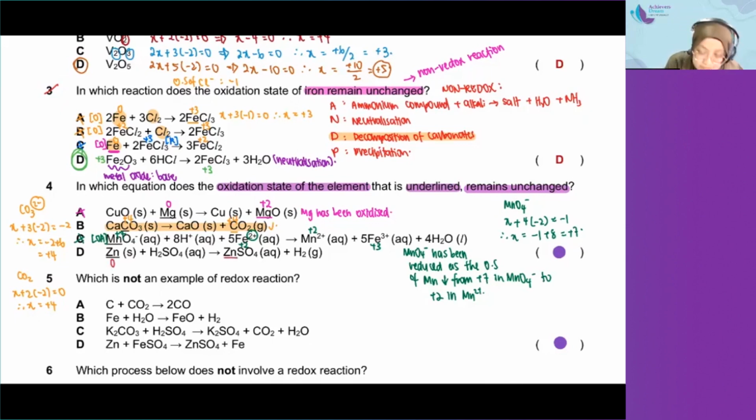The zinc ion is Zn2+, so its oxidation state is +2. Therefore, zinc has been oxidized, so it is a redox reaction. So the answer for question 4, the equation where the oxidation state of the underlined element remains unchanged, would be B, as it is a non-redox reaction.